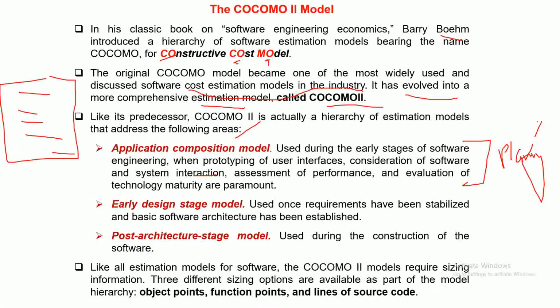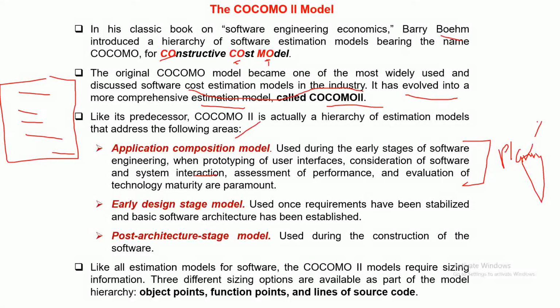After planning, when you are at the early stage of the designing process, once your requirements have been stabilized, you start your system design process. So another model is the early design stage model. And post architecture.